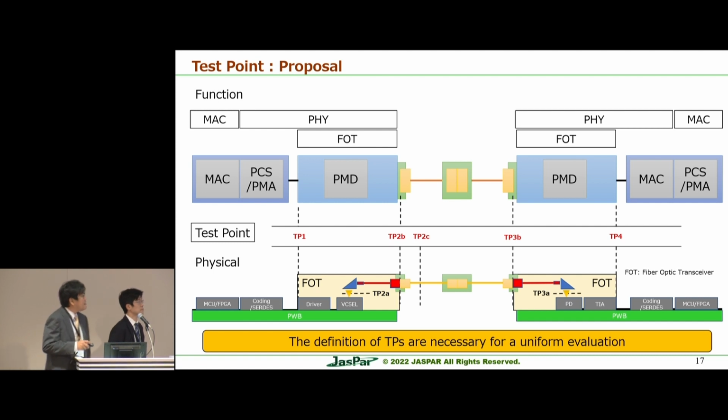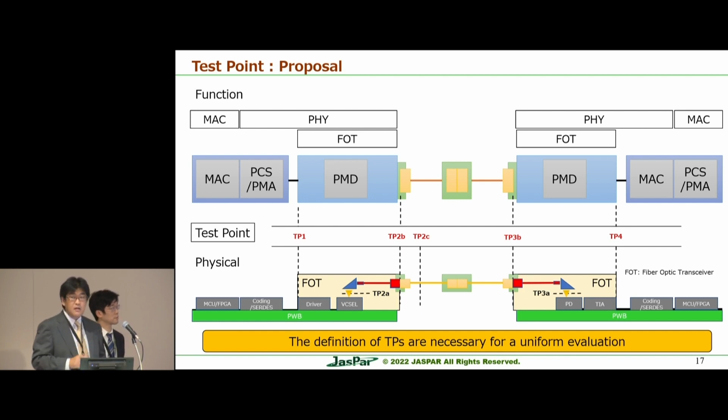Actually, this point is the interface between the ECU and the optical harness, and of course we can measure directly from here. TP2B is possible, we don't care about it. But sometimes the optical output has to be measured by using optical fiber in order to connect the test equipment. That's why we need a short fiber to connect to the test equipment. That's why this test point TP2C is defined in Open Alliance, not IEEE, I think.